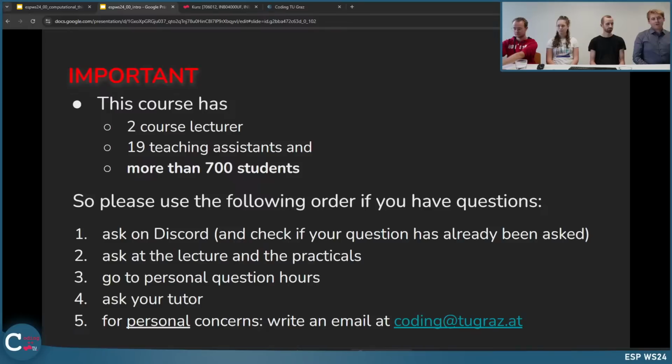But if you have any personal concerns, please write us an email to coding@diograz.at. If you have a personal concern, please don't use Discord or something else. Yes, one small thing: you will get assigned to a tutor and to a group, so we will do that for you.